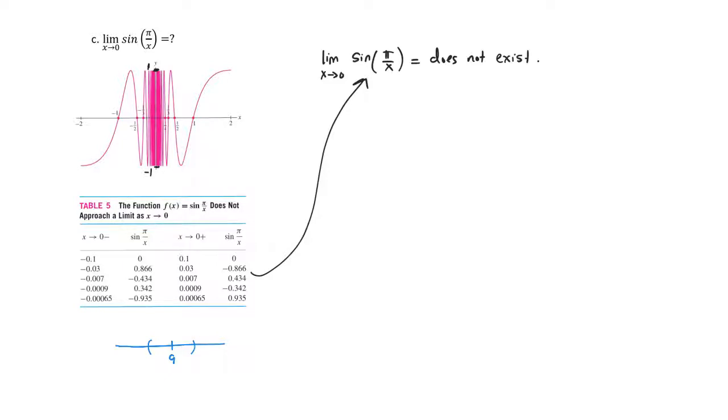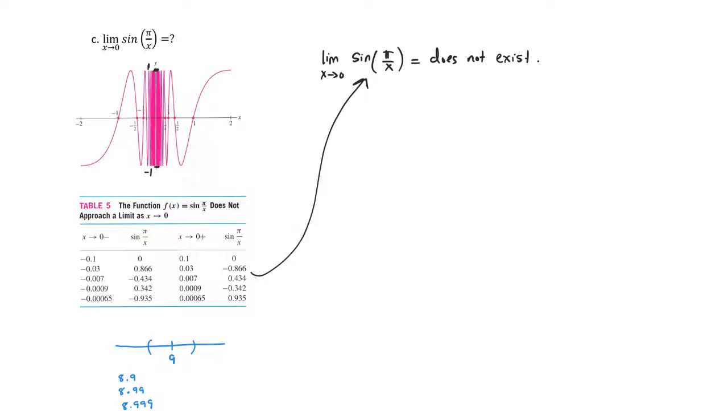And I believe that we chose x values starting with 8.9, then 8.99, 8.999. So somehow this behavior, this pattern is really what I think of as well-behaved.